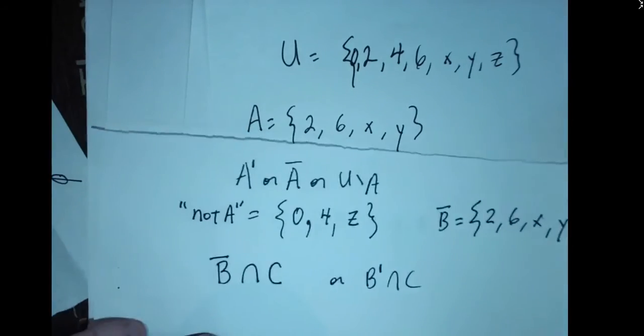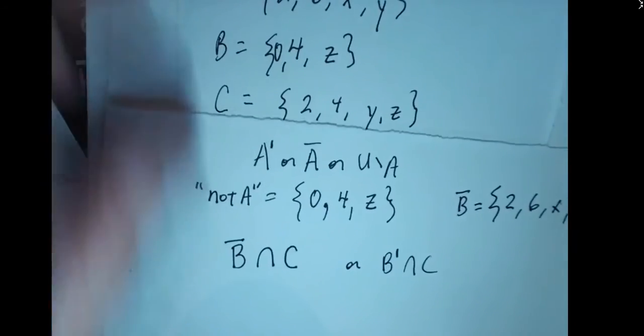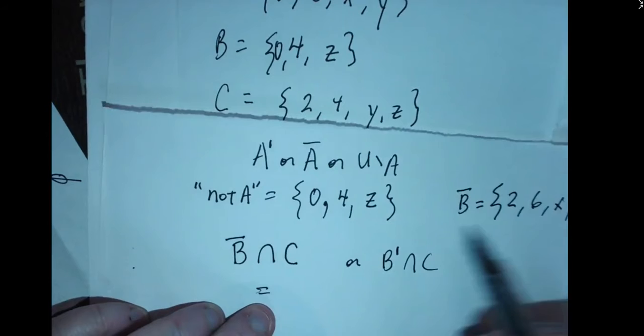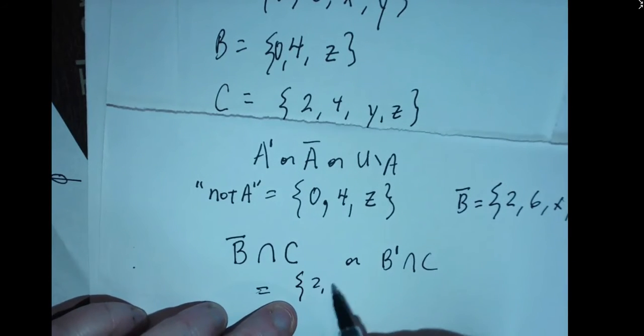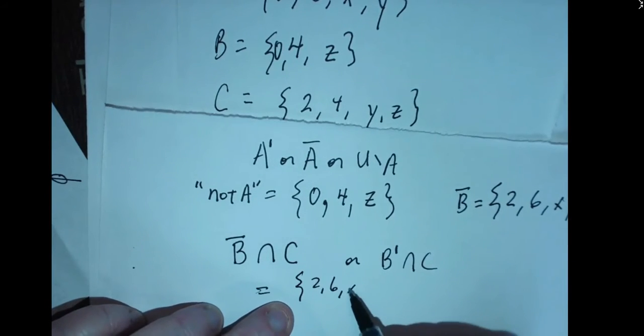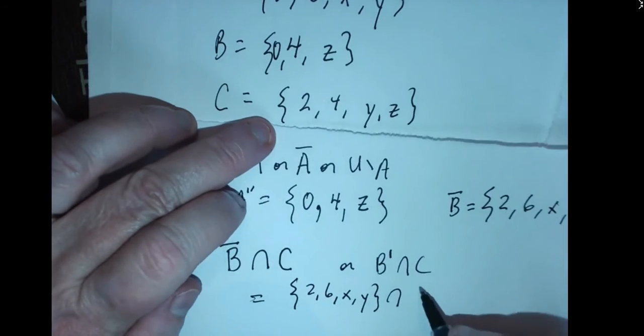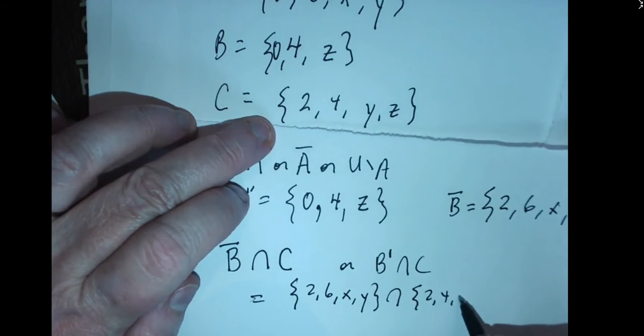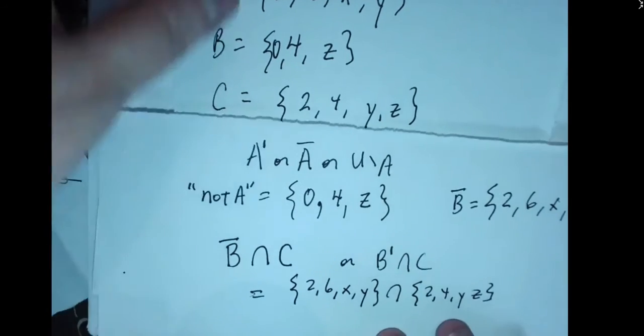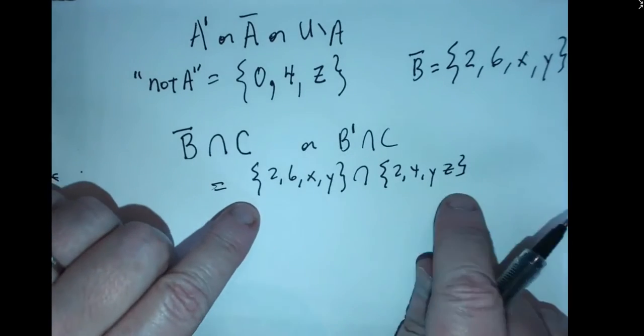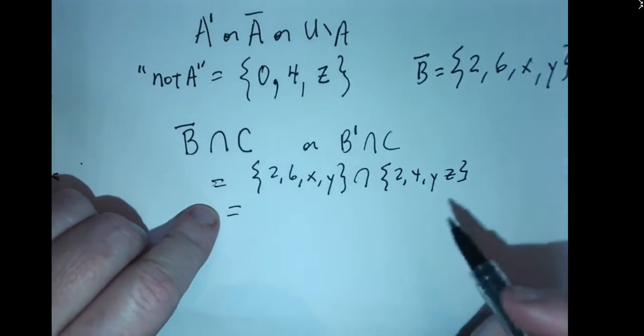Okay, so this is going to equal the complement of B, which I'll write here, intersected with C. Okay. And now with intersection, what's in both of those?